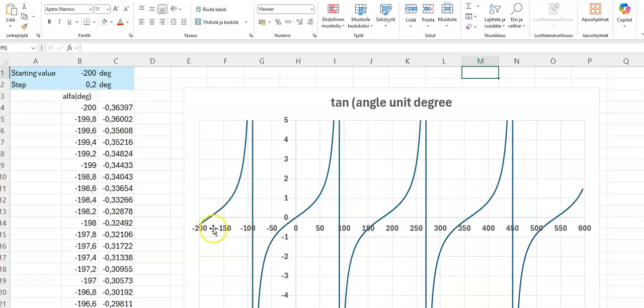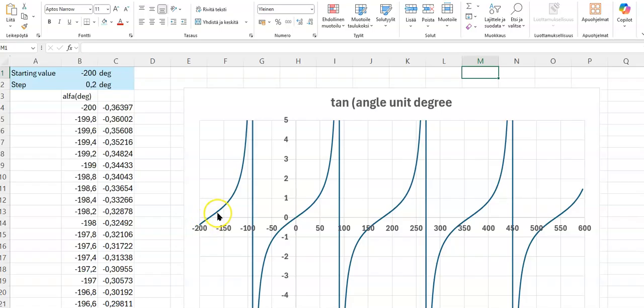So this tangent curve comes all the time nearer and nearer to those vertical lines, but it never touches or crosses them. There is this kind of discontinuity point in that place.